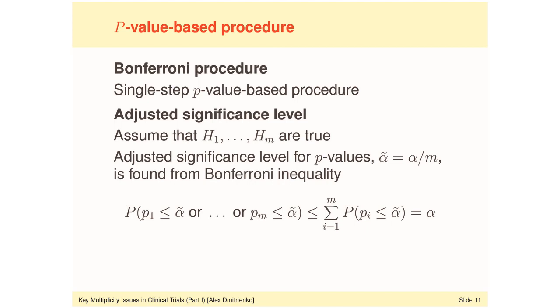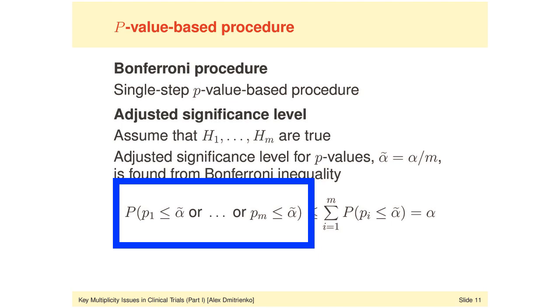This threshold, the significance level, is chosen to guarantee that the family-wise error rate is no more than alpha. So if we assume that all null hypotheses are simultaneously true, then the family-wise error rate is given by this probability. It's the probability that at least one p-value is less than or equal to the adjusted significance level, and this common significance level is denoted by alpha tilde.